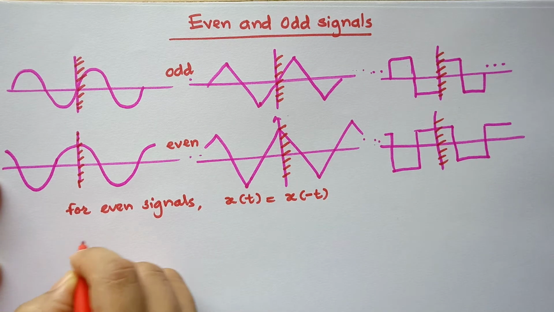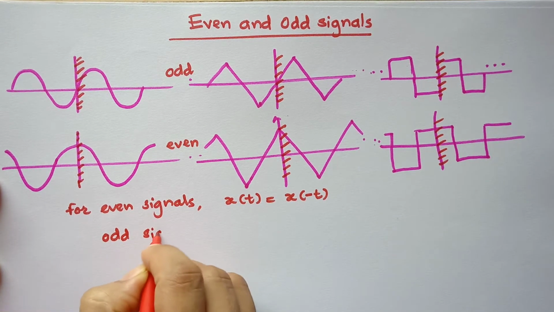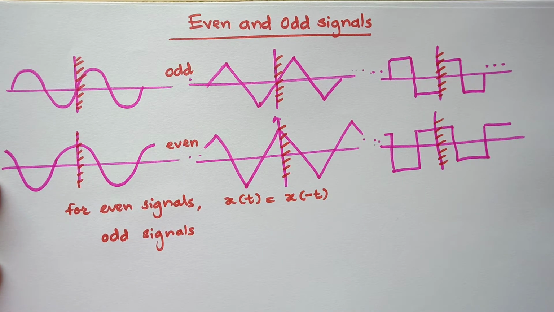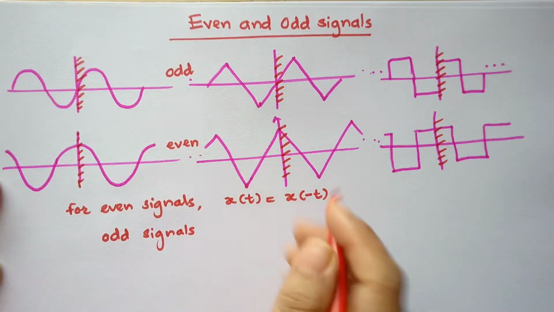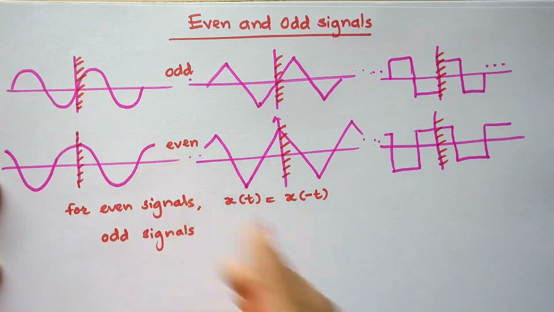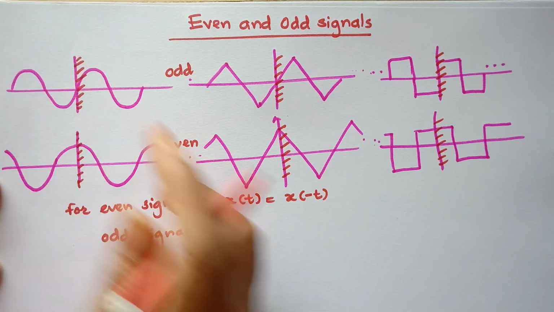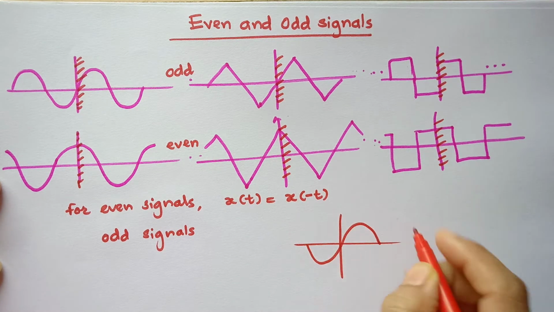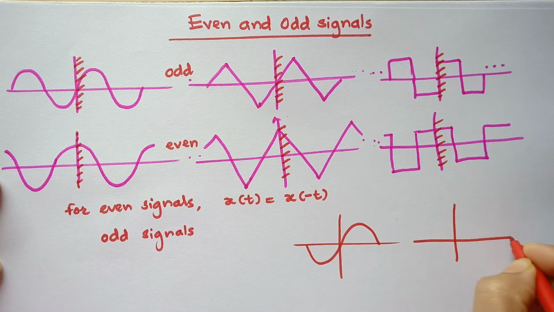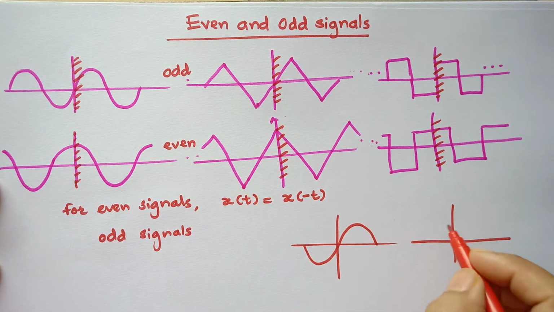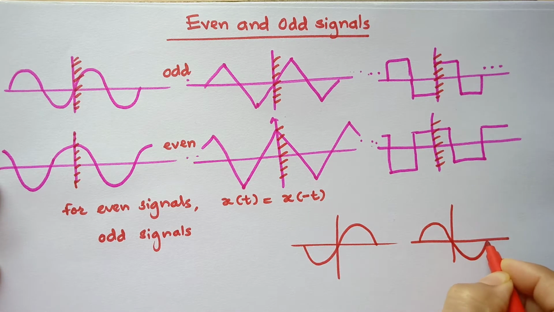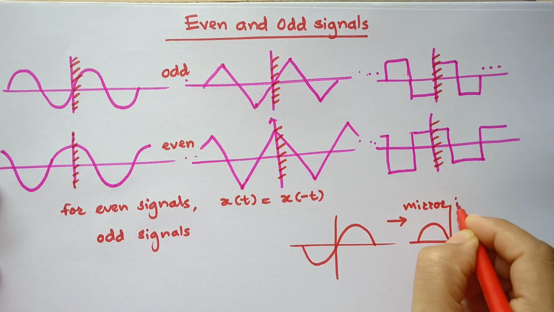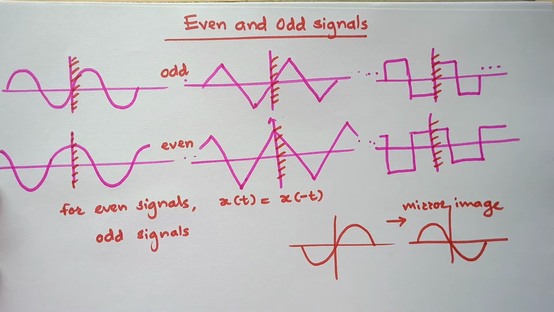Now for odd signals, it is not the reflection of the original signal. We will take the reflection of this. If we take a mirror image of this signal, with the mirror placed at this axis, the original signal is like this. The mirror image of this signal is this part coming to the other side.